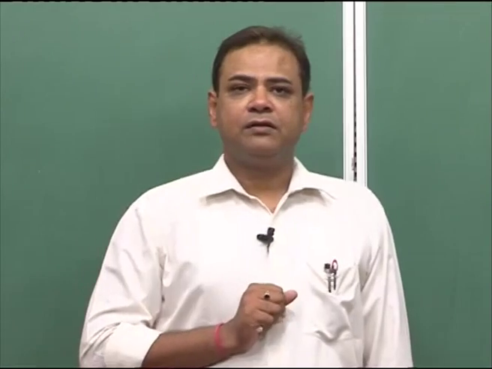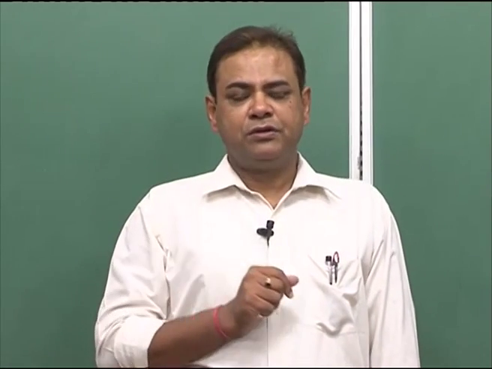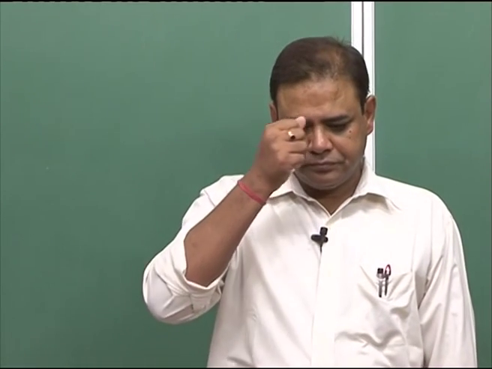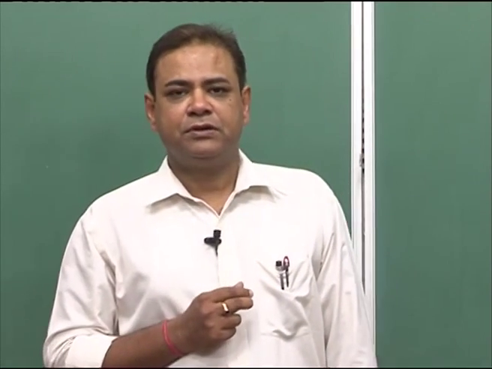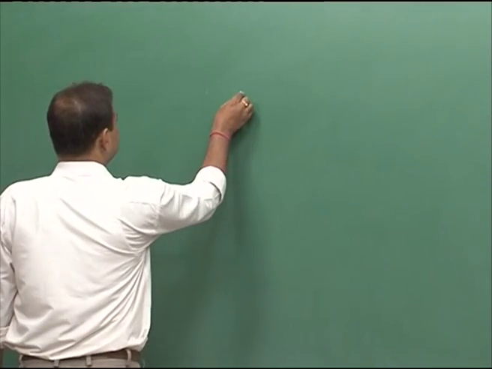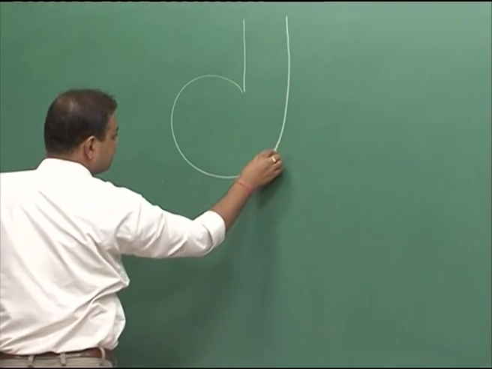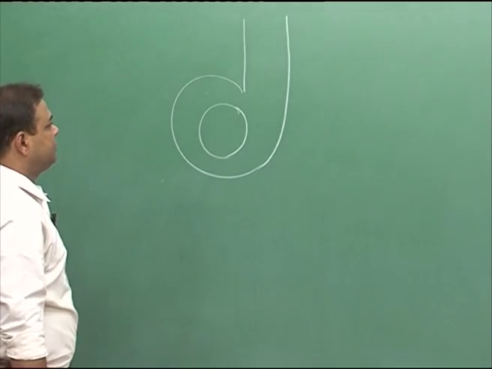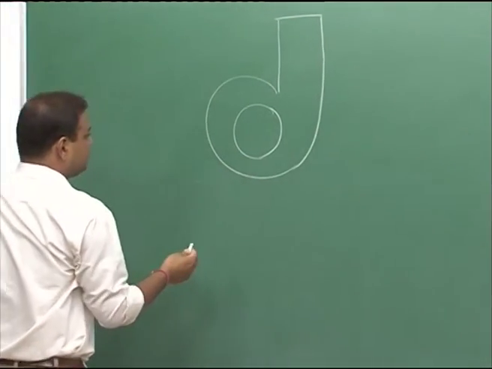Now, let us see an example: impeller corrosion due to cavitation in the case of an end suction centrifugal pump. In the case of an end suction centrifugal pump, it looks like this, and you have a section called the eye.